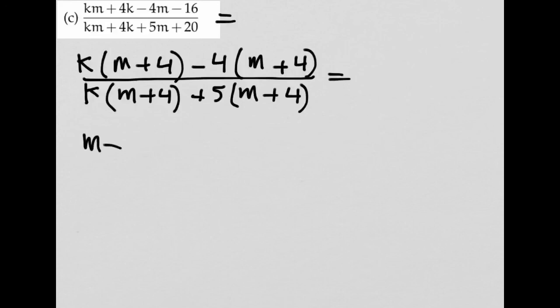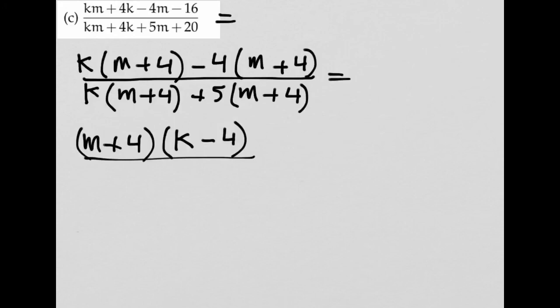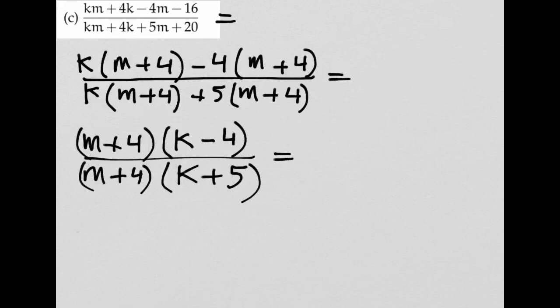If we factor that out, we're left with a k minus 4. In the denominator, we also have an m plus 4 in common. If we factor that out, we're left with k plus 5. Look at the common factors, m plus 4, they cancel out. And in lowest form, the expression is k minus 4 divided by k plus 5.